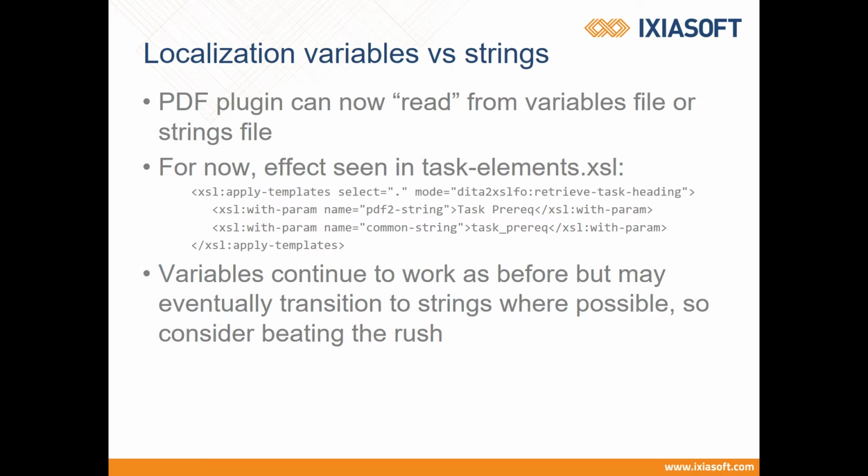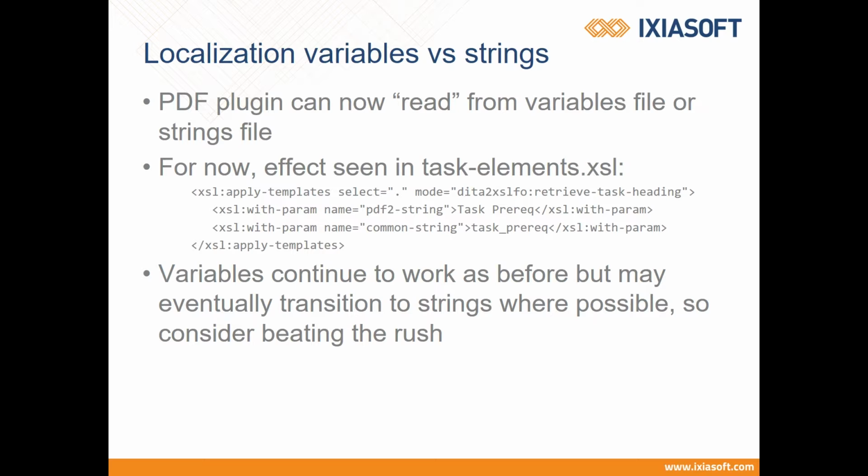So the PDF plugin is being refactored now to allow you to define these strings in one central place that all of your transforms can use. One place where you can see the transformation in progress is in the task elements style sheet.